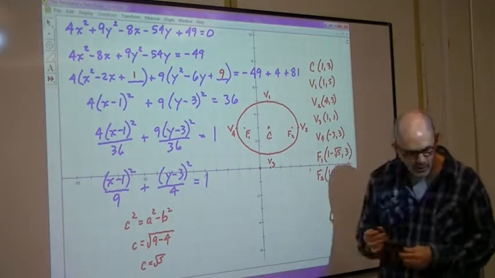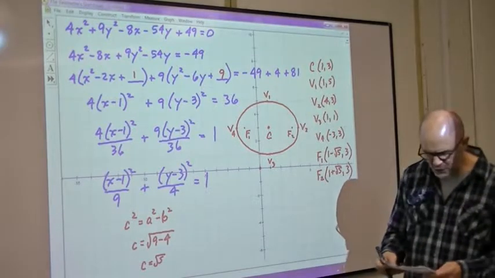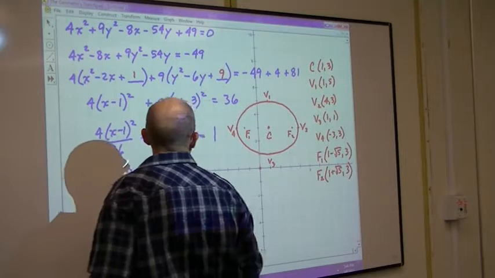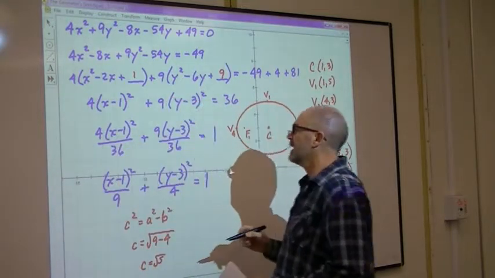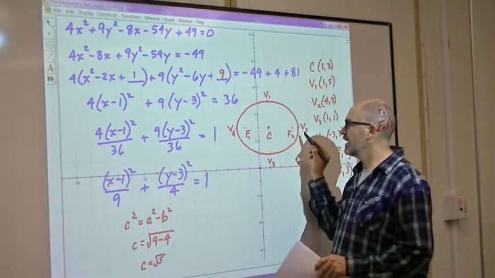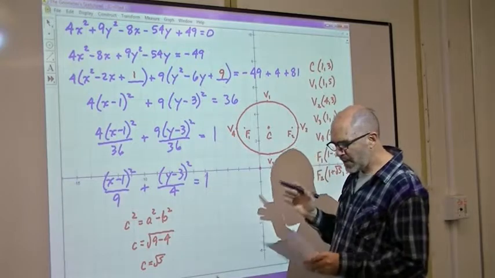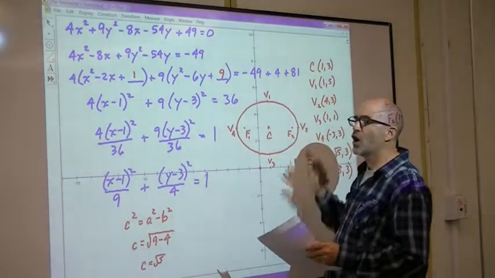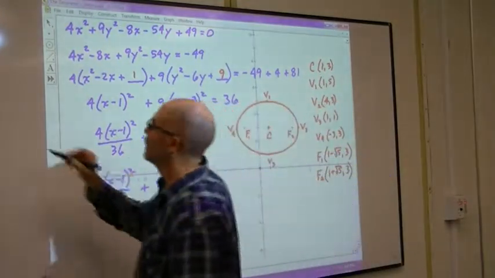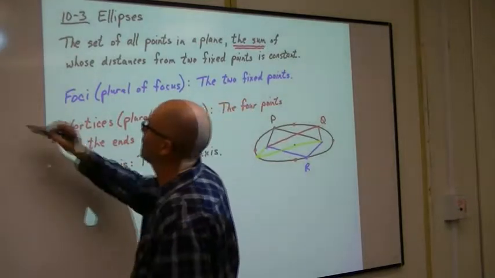Okay, now, one more concept. Eccentricity. Eccentricity is basically the measure of how far away the foci are from the center. Now, the further away they are from the center, the more elongated the ellipse is. So, let me show you what I mean by that.